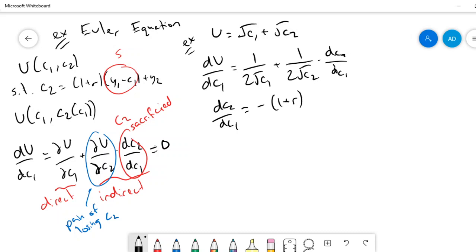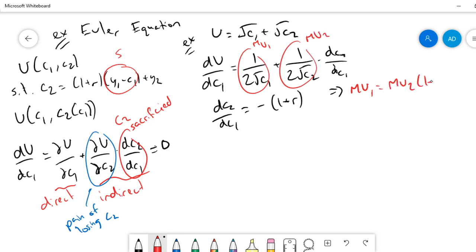There are kinks and sharp edges in the budget constraint, and that sort of stuff doesn't work well with differentiation. So here I get my Euler equation: this is my marginal utility 1, this is my marginal utility 2, times 1 plus R. And that's the functional form that's always going to come out of these things.